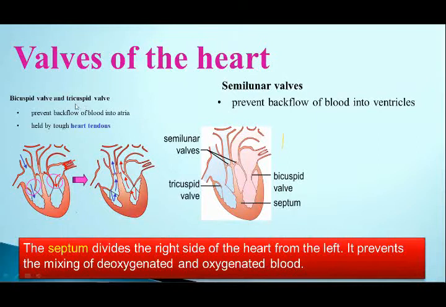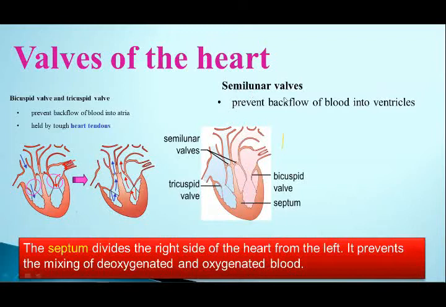If you remember, tricuspid is present on the right side, bicuspid is present on the left side. In between whom and whom? It is in between the auricle and the ventricle. Their function is to prevent backflow into the atria, and they are held in place by structures which are called tendons.